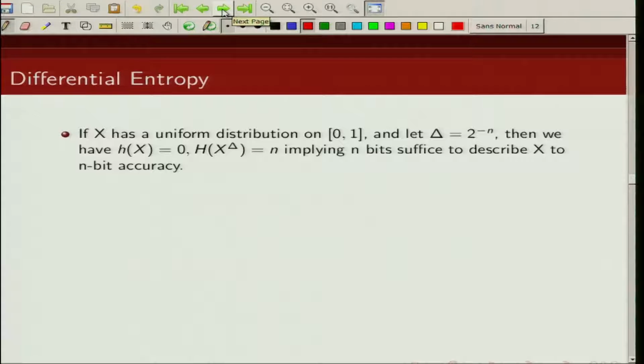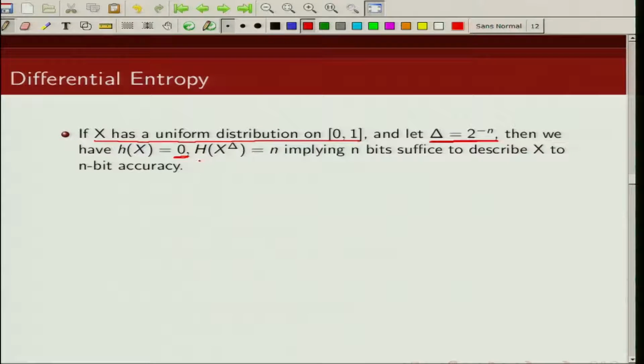Now if we assume x has a uniform distribution between 0 and 1 and we take our delta to be 2 raised to minus n, then the differential entropy is given by log of A, which is log of 1, which is 0, and minus log of delta will be n.